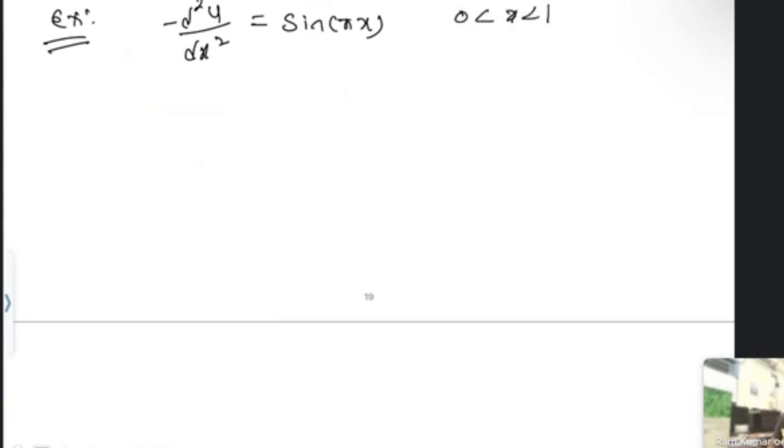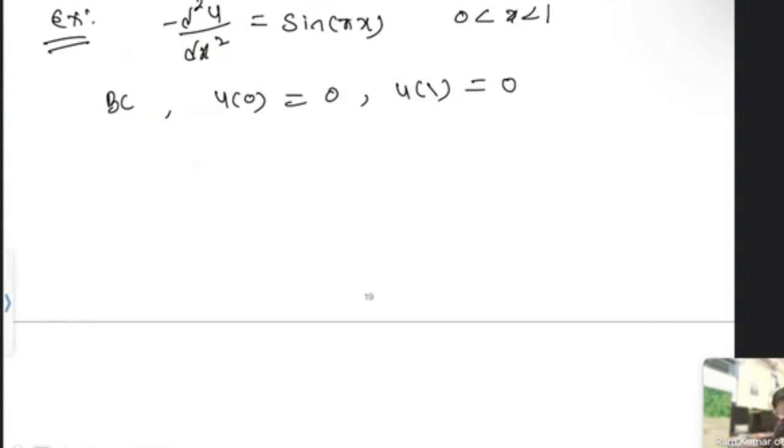This one we can solve easily by using the normal technique we studied till now. And we have boundary conditions: at x equal to 0, u will be 0, and at x equal to 1, again u will be 0.